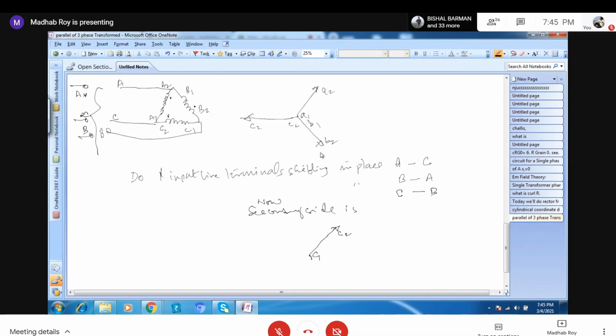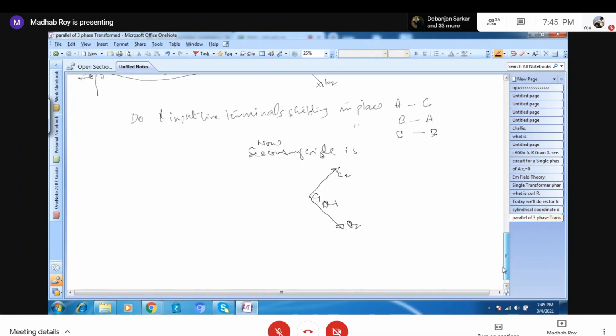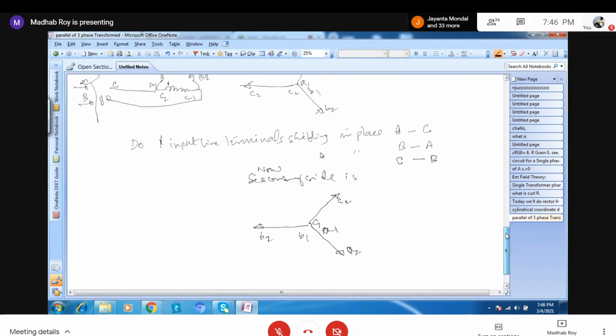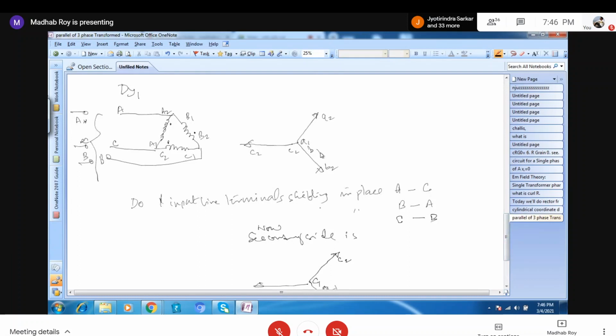Similarly, here it will be A1, A2, and it will be B1, B2. So there is a modification. Now, if we connect them in delta, what will be the delta ending?